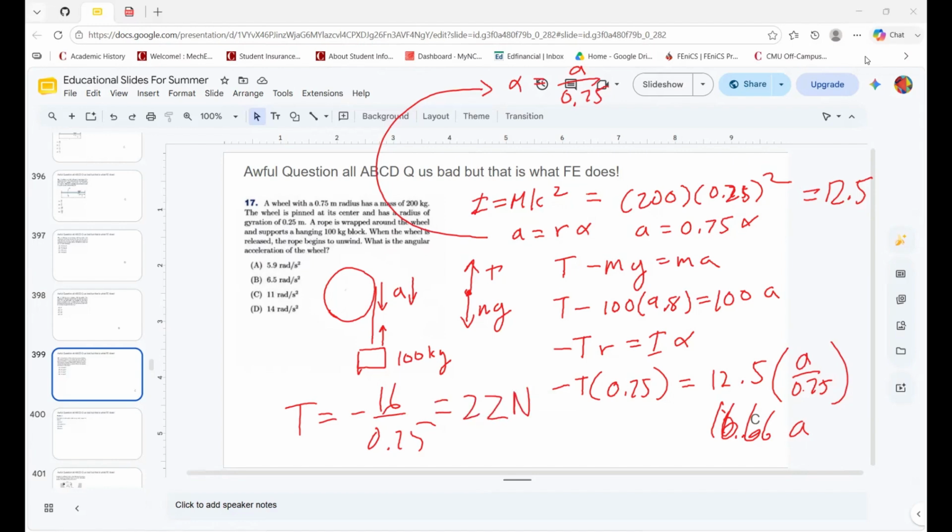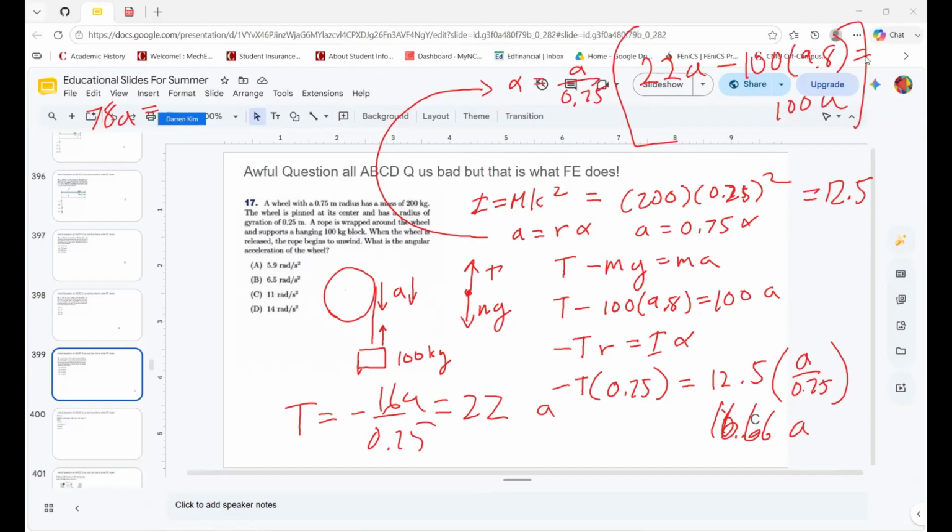No, I forgot the A. Sorry, there's an A over here. 22A multiplied by A. What that does is go over here and we can do 22A minus 100 multiplied by 9.8 equals 100A, right? With that said, you can do 100 minus 22 equals 78A.